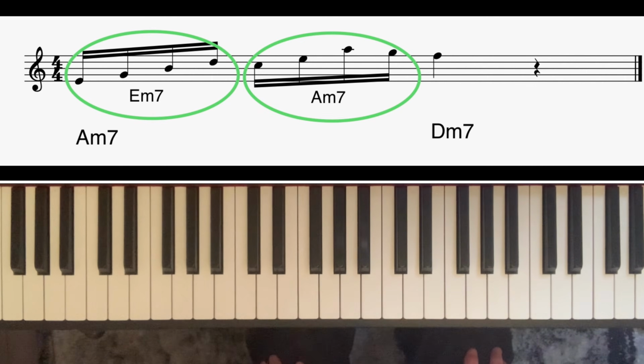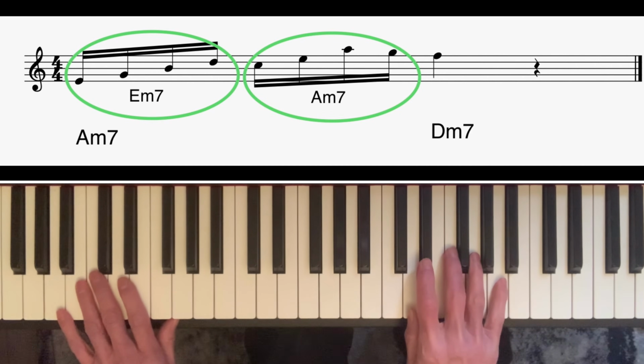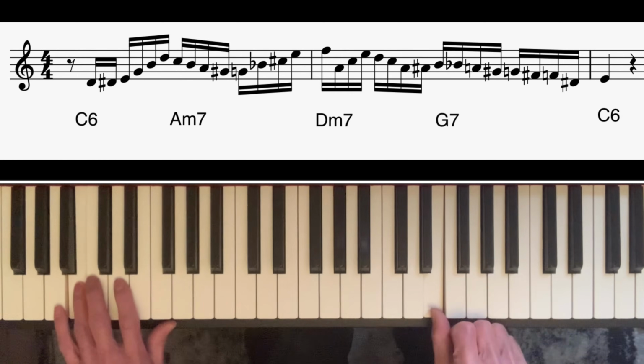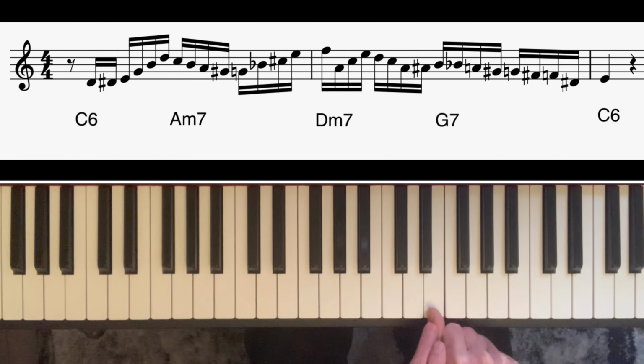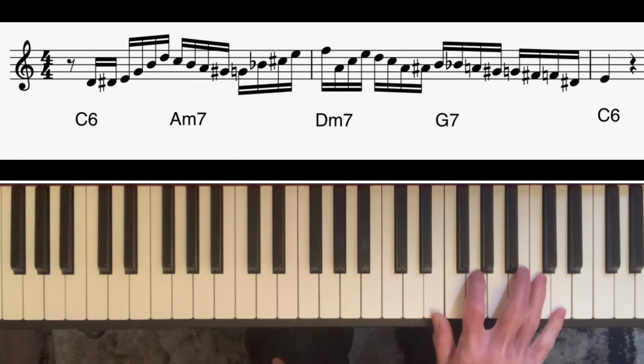Okay, let's have a look now at what I played in the introduction. First of all, I started the first line on the and after 1, not on a downbeat, but on beat 2 on the downbeat, I made sure that I landed on a chord note, E, the 3rd of C6, on the downbeat, and I then played an E minor 7 arpeggio.